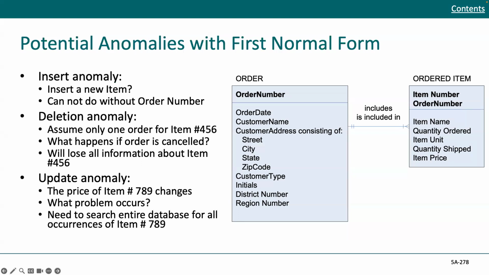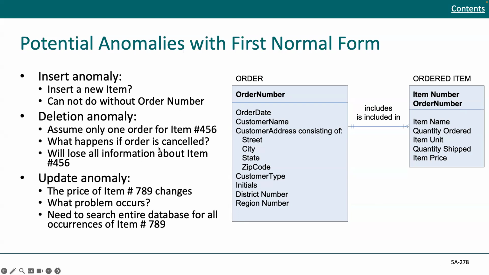What are some potential anomalies that can occur with the first normal form? Insert anomaly: do we insert a new item? Can we do it without an order number? Then the deletion anomaly: assume only one order for item 456.